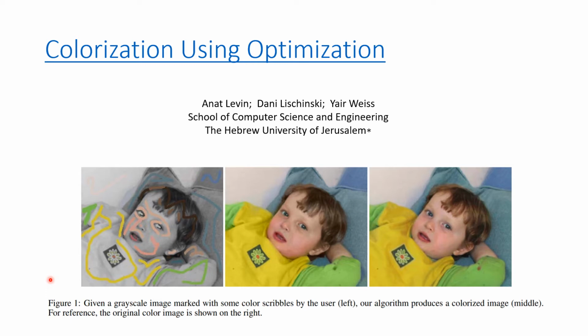The middle image is the output from the first image. An optimization process happened here, and the color hints or color scribbles propagated into the regions they marked.